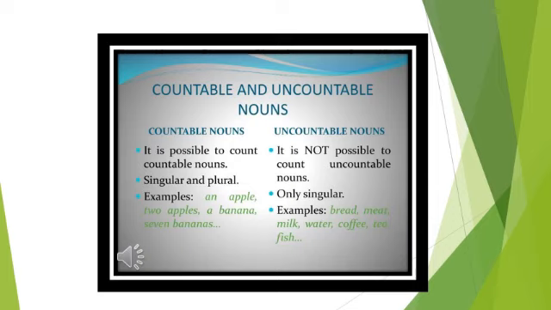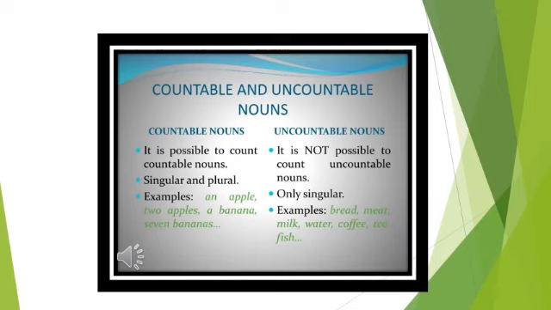And if we talk about uncountable nouns, it is again obvious from the title that they cannot be counted, and they are mostly singular. For example, sky, we cannot count it. The other things are bread, meat, milk, water, coffee, etc., which cannot be counted.